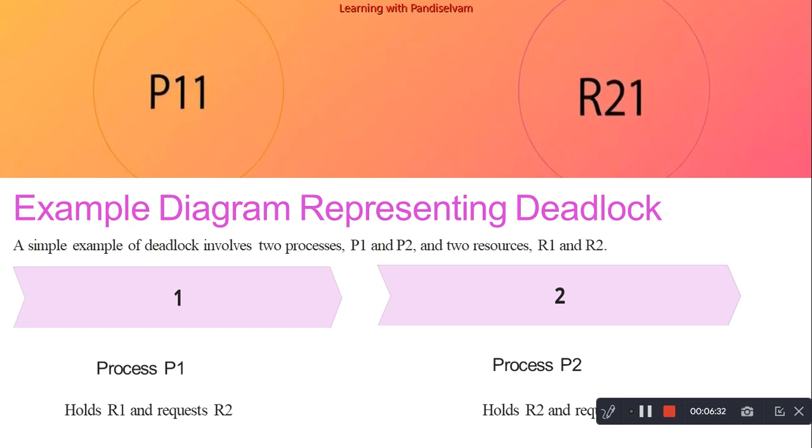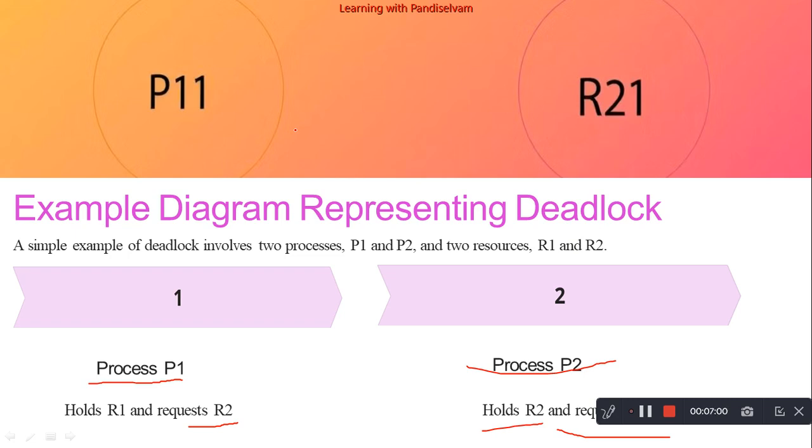Here is an example diagram representing deadlock. P1 holds resource R1 but requests R2. Process 2 holds R2 but requests R1. So we can't execute any process, because to complete P1 we need R2, and to complete P2 we need R1.